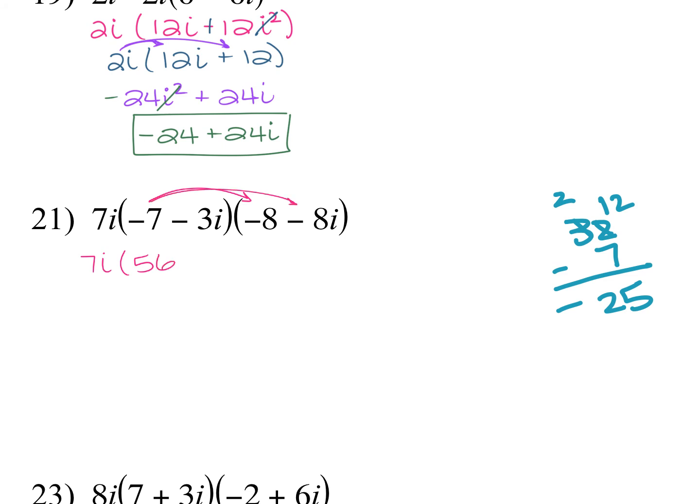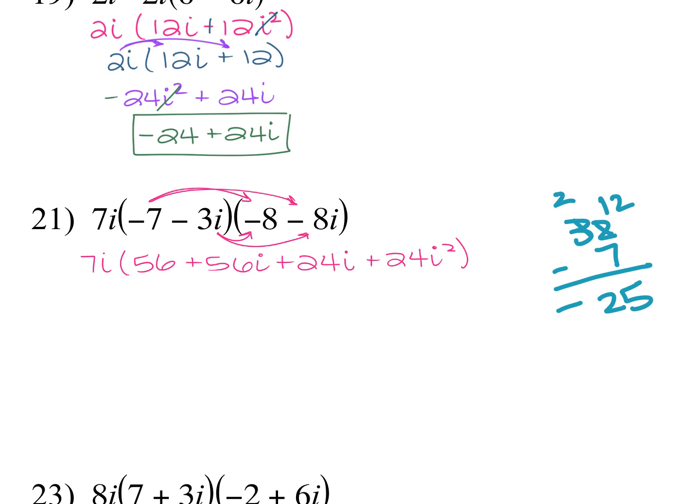The negative 7 times negative 8i is a positive 56i. Then negative 3i times negative 8 is a positive 24i. And negative 3i times negative 8i is a positive 24i squared.